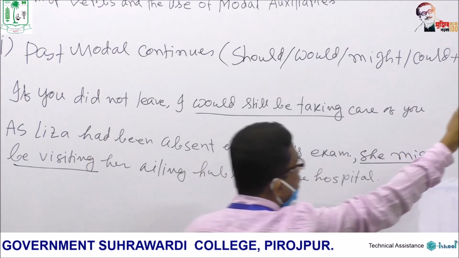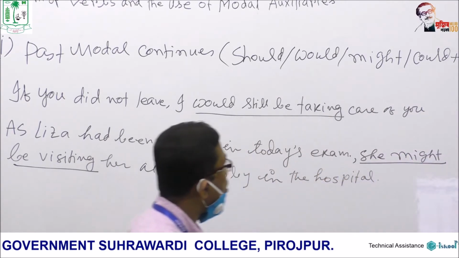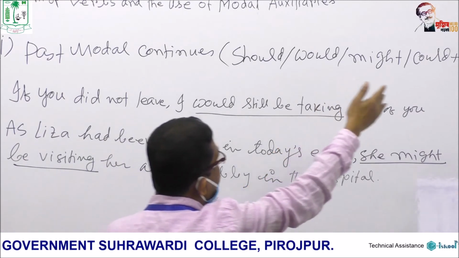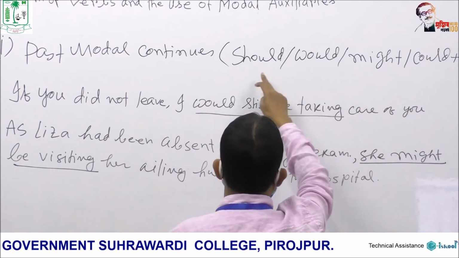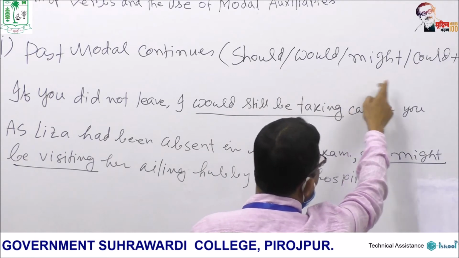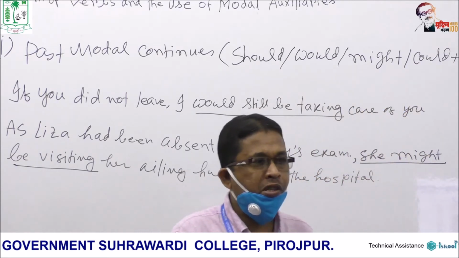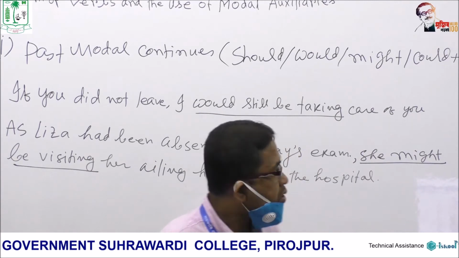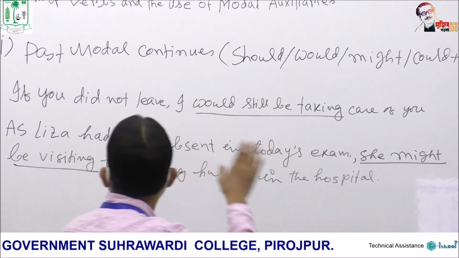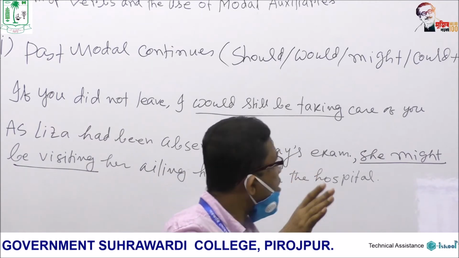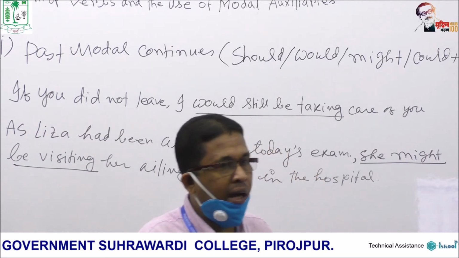This is the simple formula of past modal continuous. That is, you are to use any of these four modals, either should or would or might or could, then add a be and of course an ing.